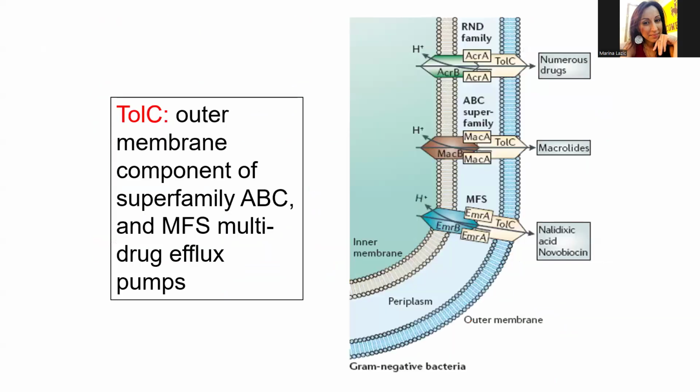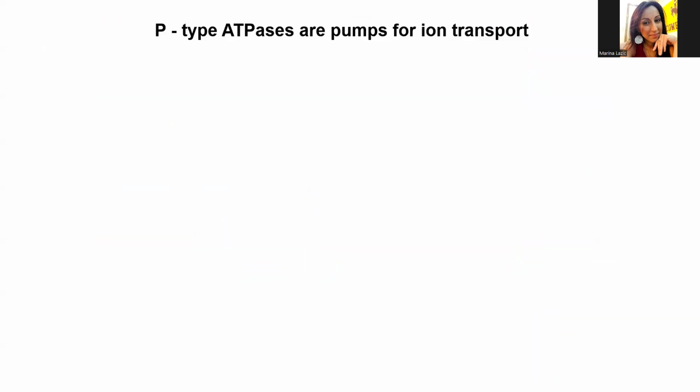The last but not least, and I think you will have time for it in your lecture, is the P-type ATPase for potassium transport. We talked about the KDO pump when we mentioned the KDO pathway, but it's not the same type of transport. This one is specifically involved in potassium transport, and it requires phosphorylated intermediates.